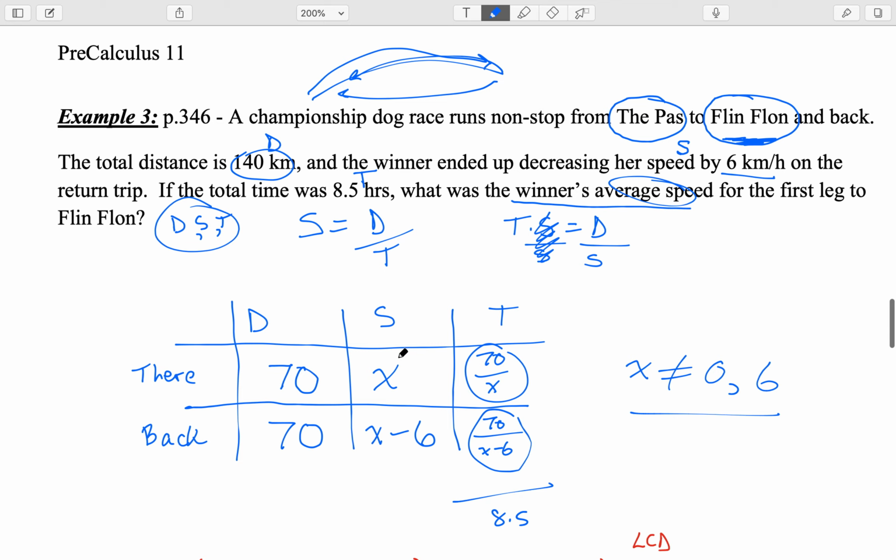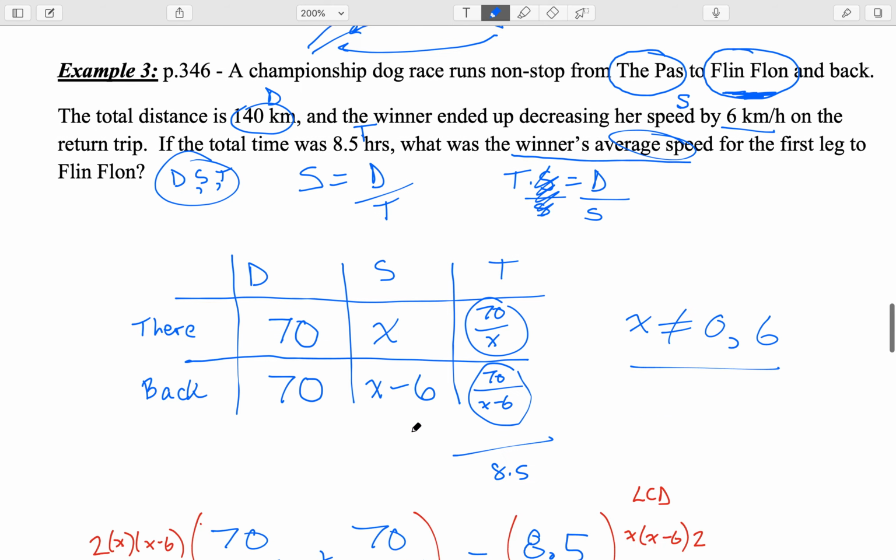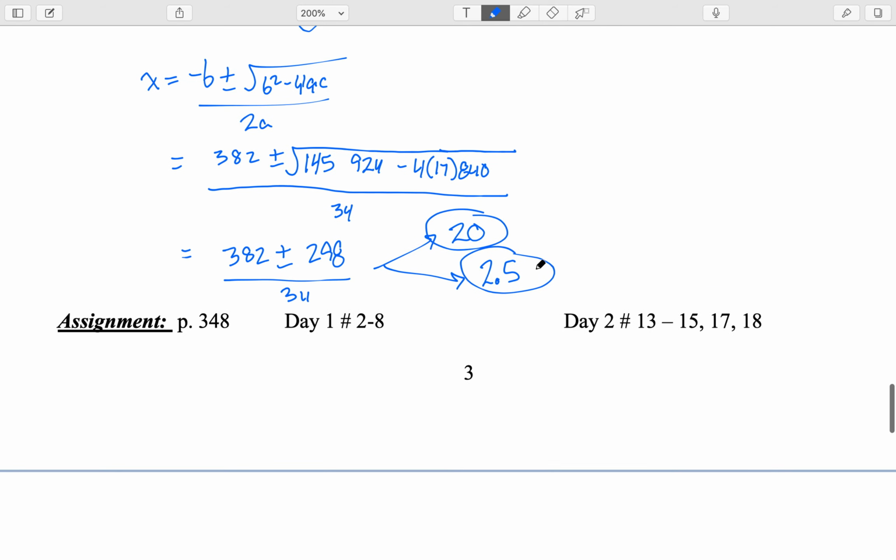It says S is the speed going there. Coming back, she went 6 kilometers slower. This can't be it, because this gives a negative speed. If you're doing 2.5 kilometers an hour there, when you subtract off 6, you're doing like negative 3.5. No, it's got to be bigger than 6. This one's going to work.